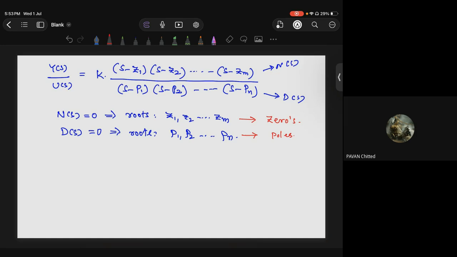What does it mean? Zeros make the entire output by input equal to 0, and poles make the entire output go to infinity.